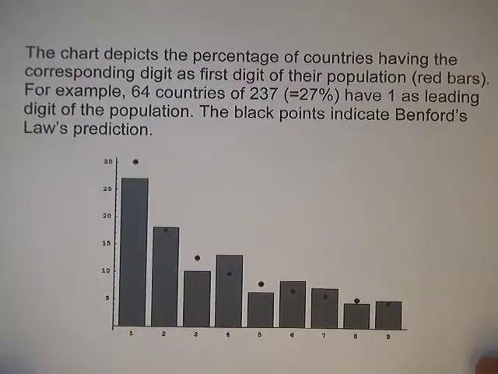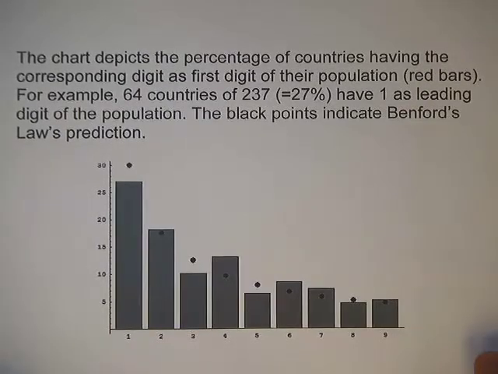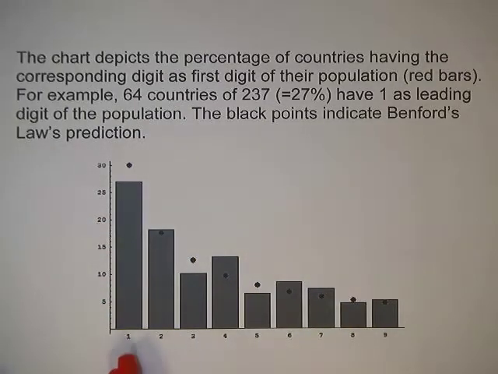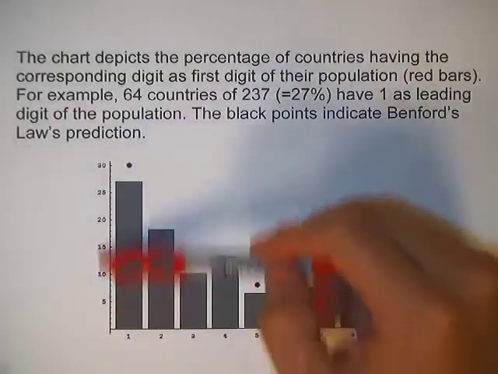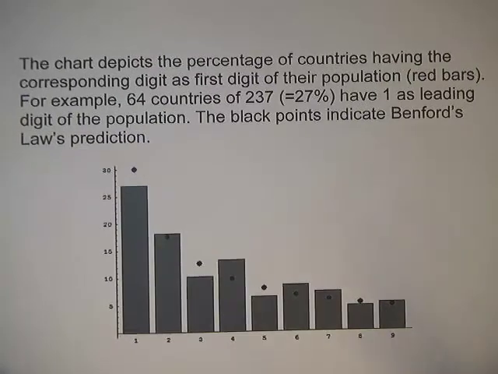I'll give you an example of this. This data is from 2010. There were 237 countries that were part of this survey. That was all the countries in the world. And we looked at the first digit of their population. Basically what this graph does is you look at the leading digit, and the value on the left here is the percent of countries with that number as a leading digit.